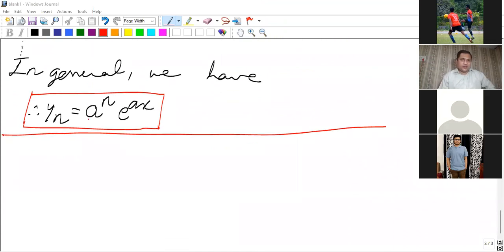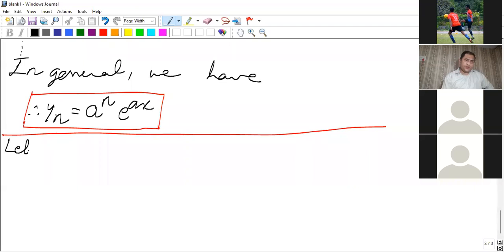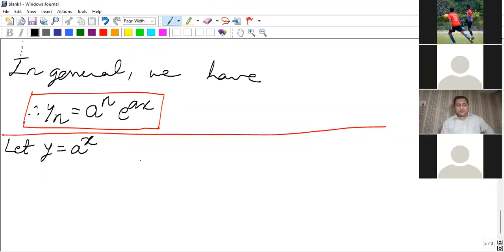Yes. Okay, great. So now we got the exponential function. Again, we'll try another exponential function. So what do we have? Suppose y is equal to a raised to x, where a is going to be a constant, precisely a positive constant.